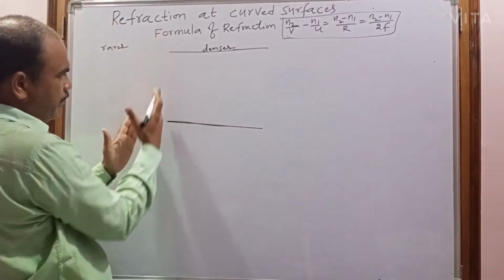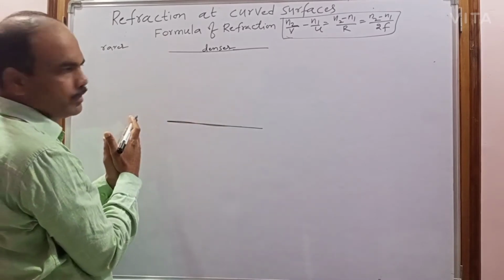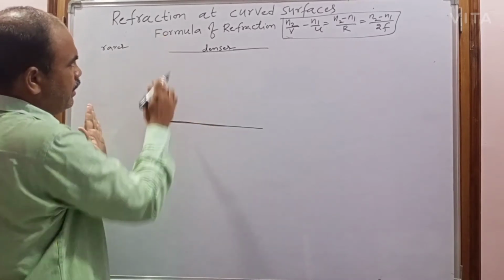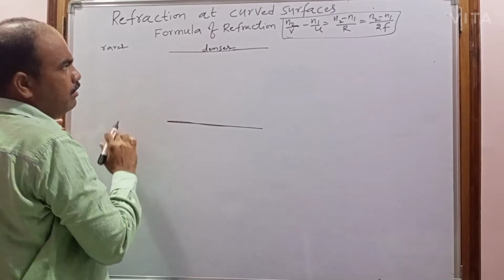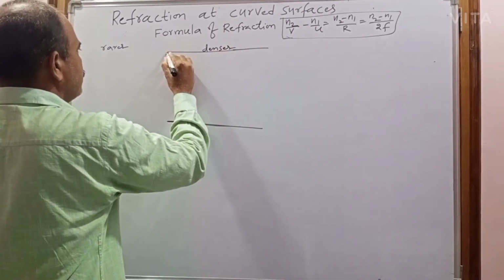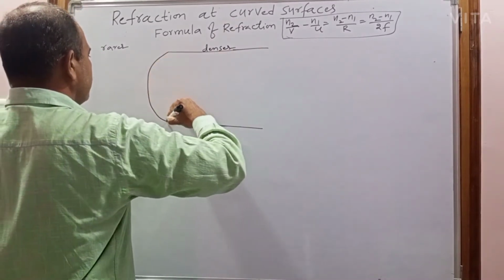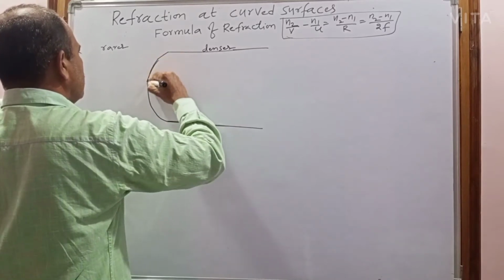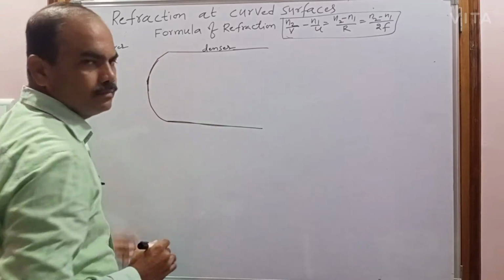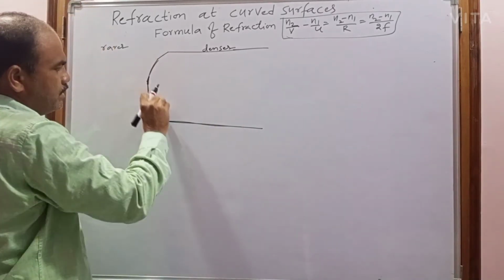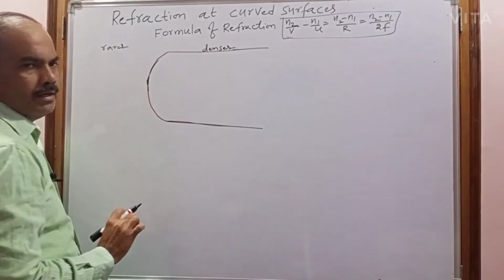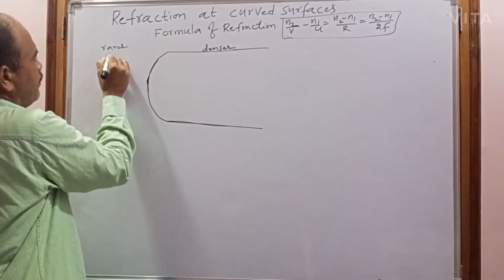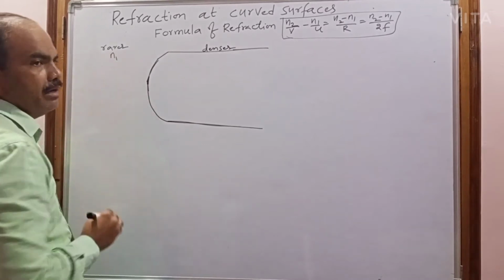Now this is the surface separating the two media. The surface separating the two media is not a plane this time; it is curved. So this is the curved surface that is separating the rarer medium and denser medium. Now consider the rarer medium's refractive index is n1.